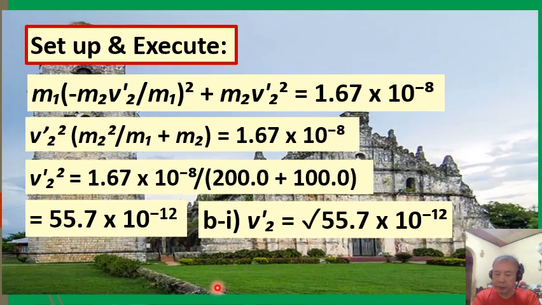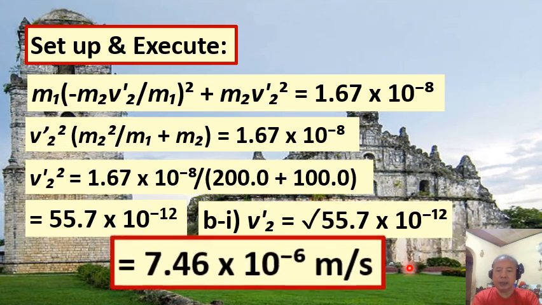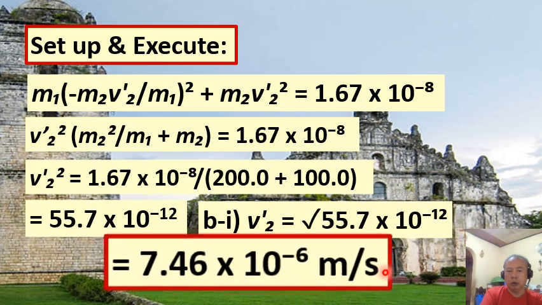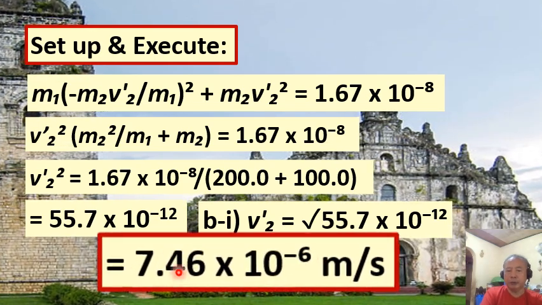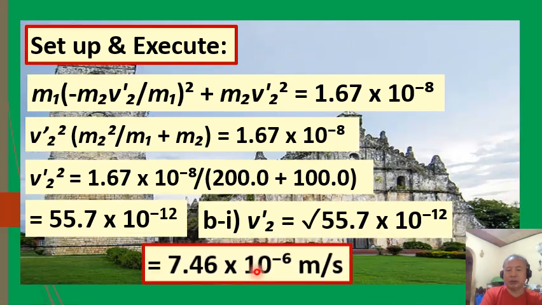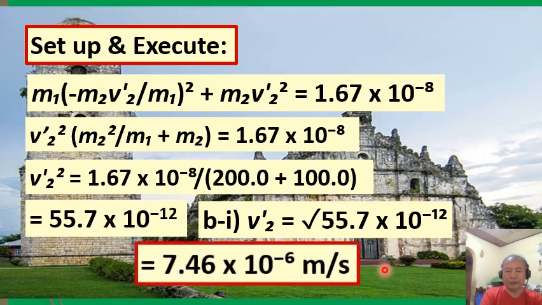With the help of your calculator, we get the speed b prime 2, or the final speed of sphere number 2, equal to 7.46 times 10 to the negative 6 meters per second.